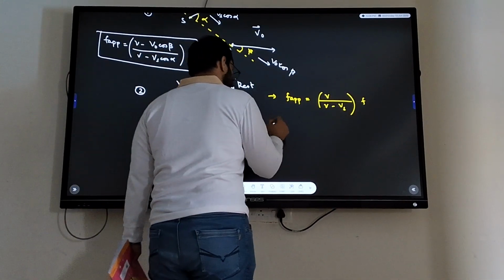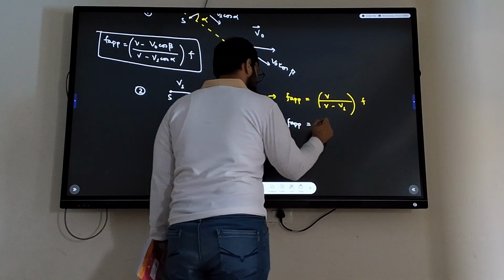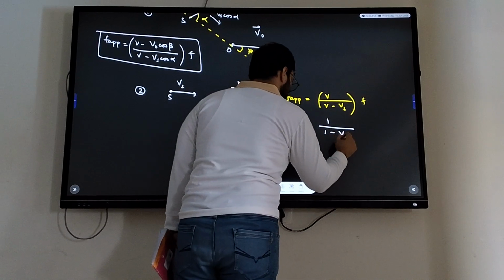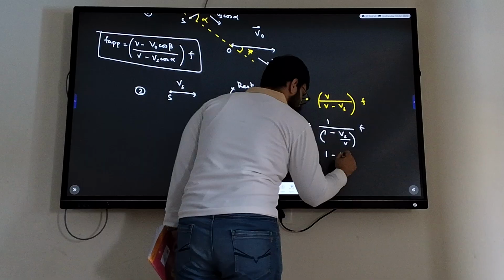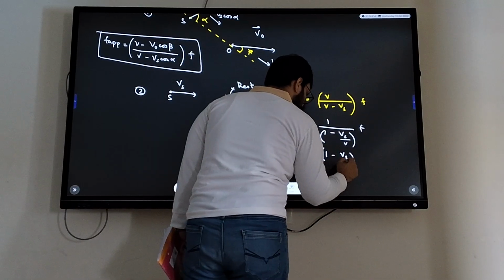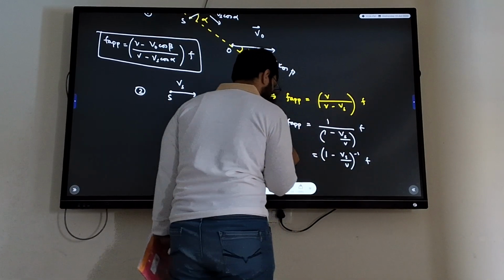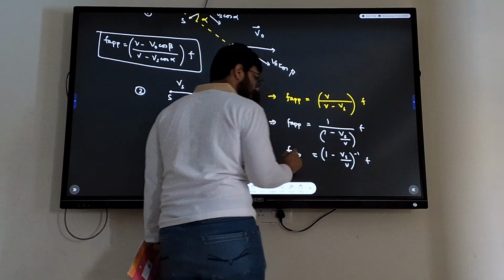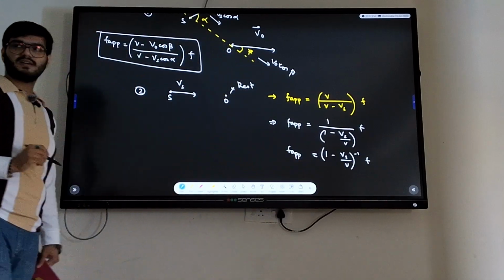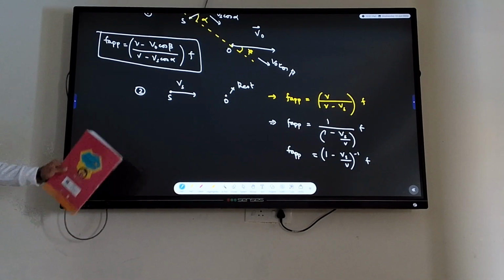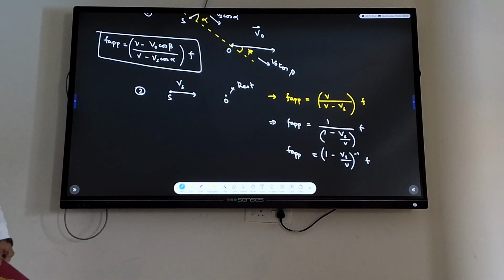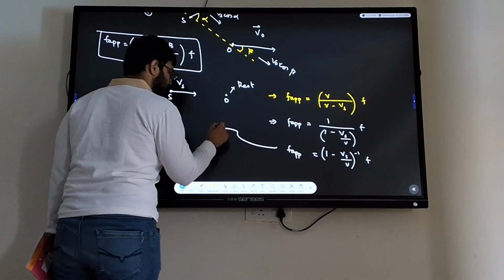Then this can be rewritten like this. I can write it as F apparent is equal to 1 over (1 minus Vs by V) into F, and this can be written as (1 minus Vs by V) to the power minus 1, times F. And now if I take the case where Vs is much smaller than V, that means the ambulance that is moving is much slower compared to the speed of sound, then what can I do here?